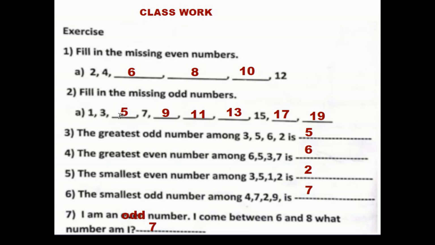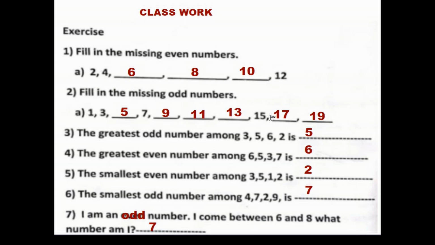These numbers are odd, but the first one is even numbers. They increase evenly. The gap is 2 between 2 consecutive numbers. Here again the gap is 2, but the numbers are odd.